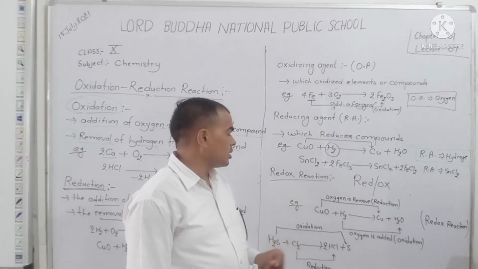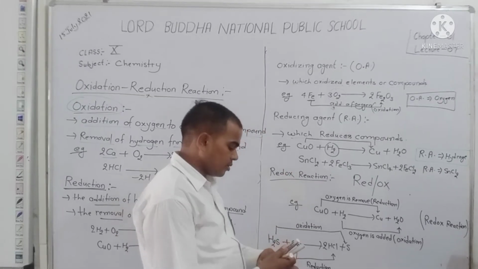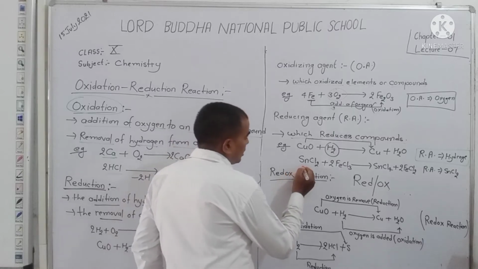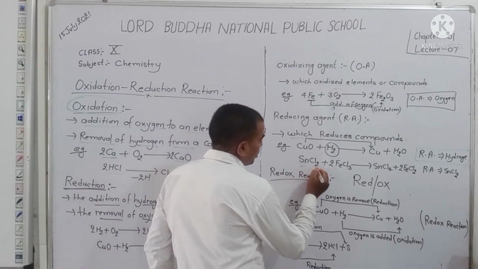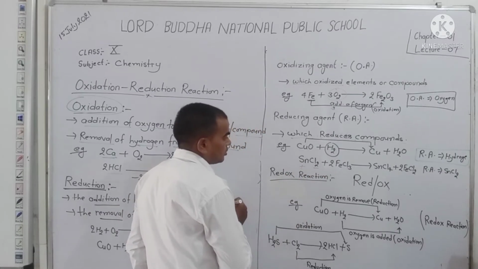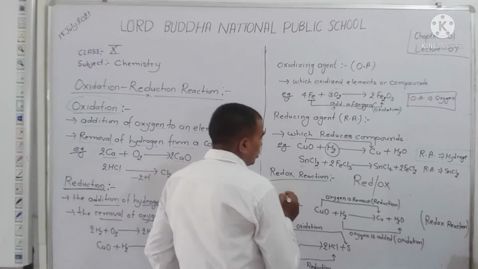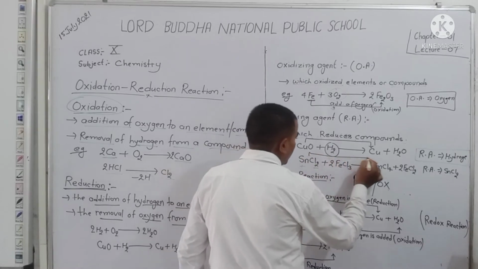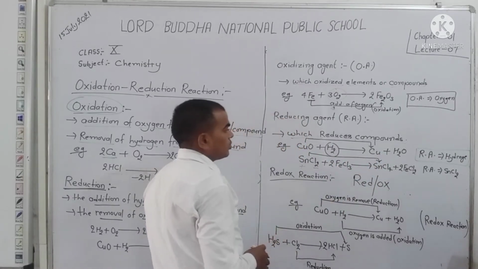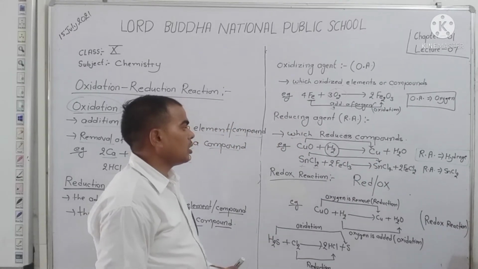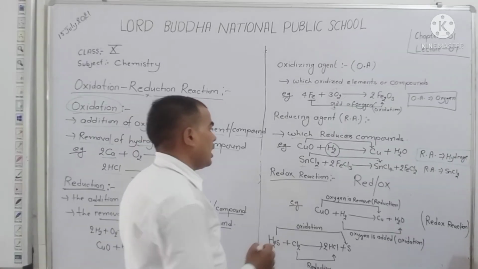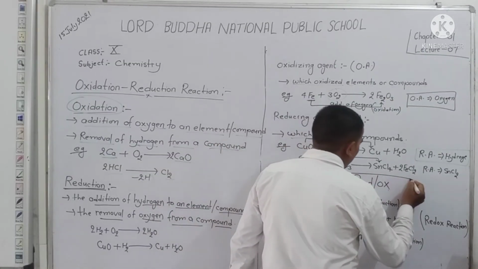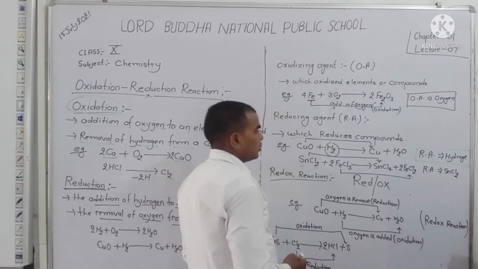The example is, in this reaction Sn is positive ion and chlorine is negative ion. You observe here SnCl2 converts into SnCl4 and FeCl3 converts into FeCl2.